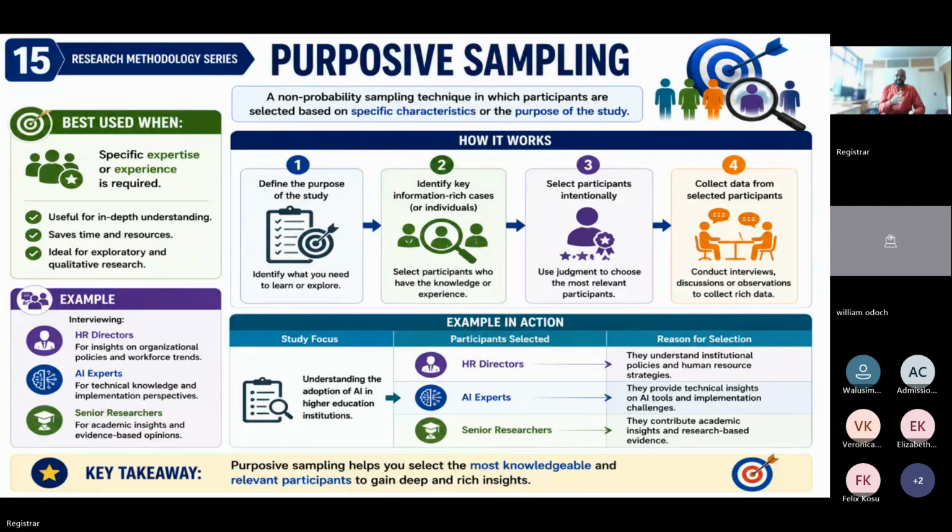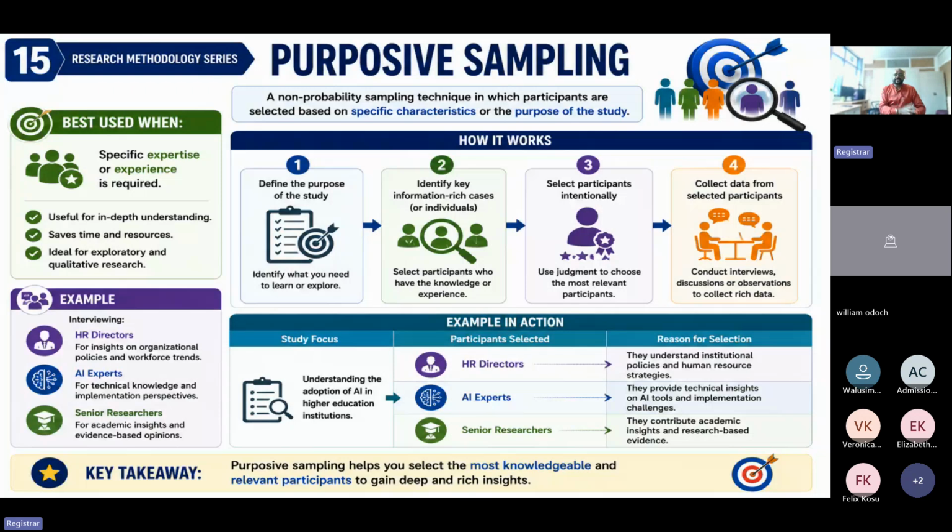This is more important, because we have to make sure we are selecting the participants intentionally. We don't take everybody as we like, because we have a purpose, what we are going to explore. So this is a kind of exploratory research, and you collect data.